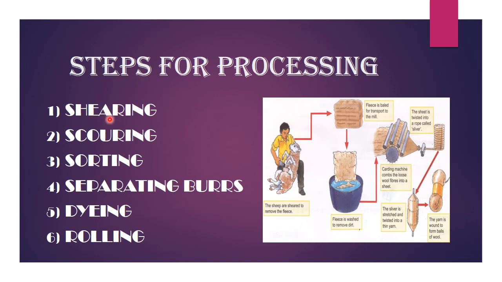Shearing. You can see in the diagram, the sheep are sheared to remove the fleece. Shearing is the first step in the processing of wool. The fleece, raw wool, is peeled off in one piece.